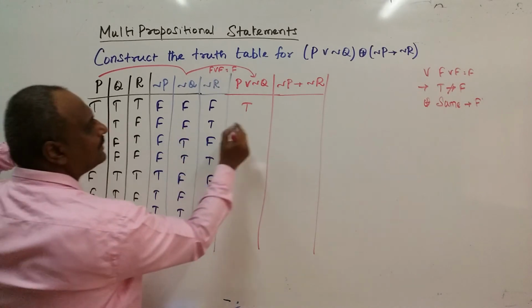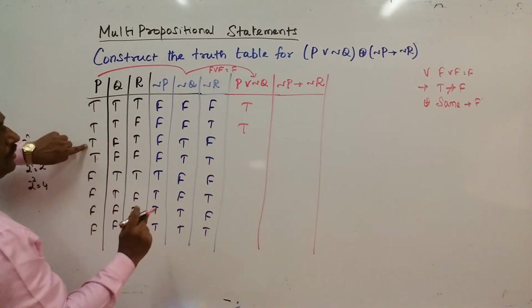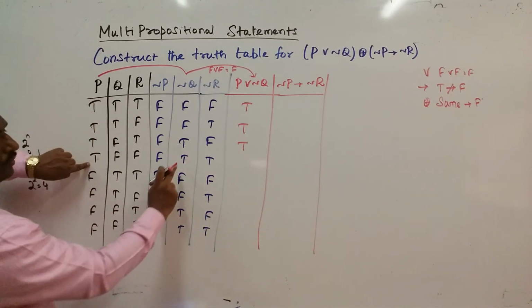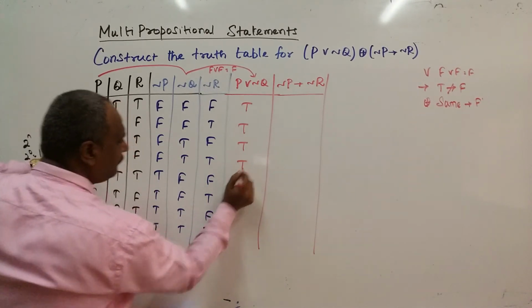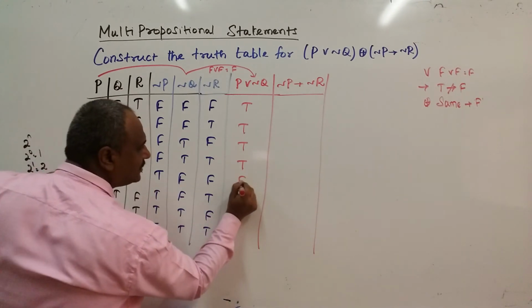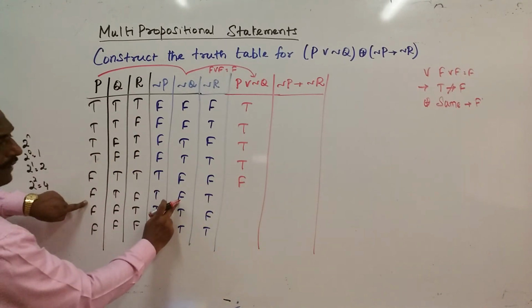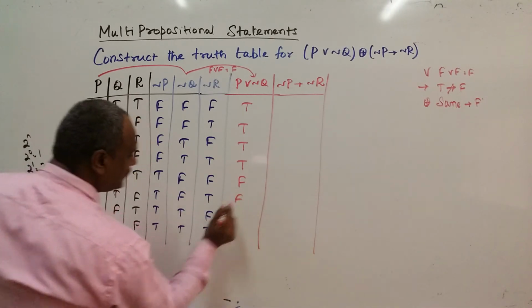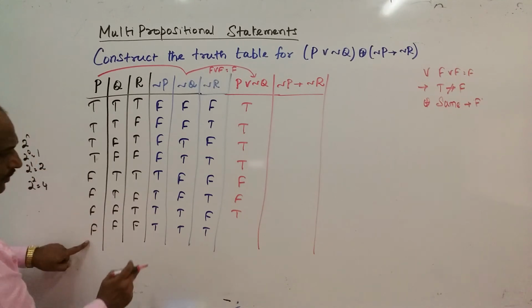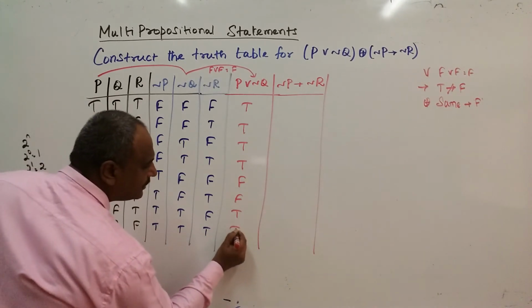True, false: true. True, true: true. True, true: true. False, false: when I have two false statements, the result is false. False, false: the result is false. False, true: true. False, true: the result is true.